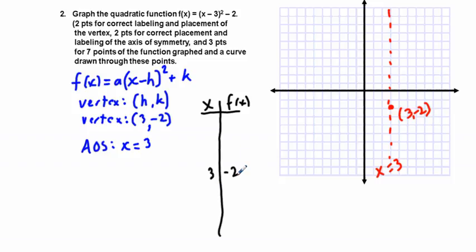And to get our 7 points, we need to go ahead and add 1, so 4, 5, 6, and going the other way, we have 2, 1, 0.